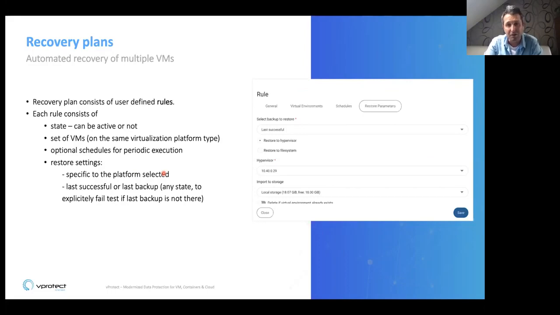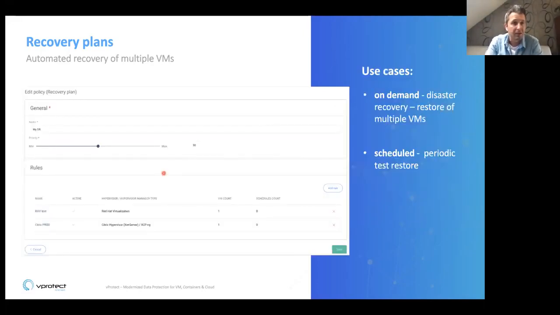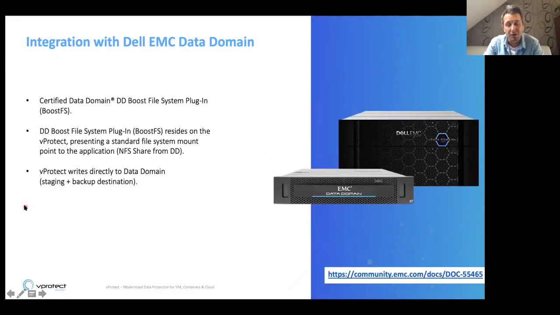So in case of a huge disaster recovery, if data loss occurs, you can automate, let's say, hundreds of VMs and give the priority of which one should be restored at the beginning, and which should wait. The recovery plans will also allow you to create some test scenarios, so it's a brilliant opportunity to automate your disaster recovery testing.